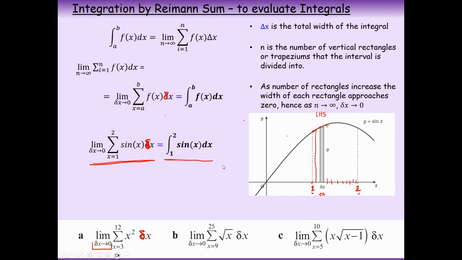So integrating sine will give us the value of negative cos, and we will evaluate negative cos at those two ends. We will have an area of 0.9. Now, as you see in the examples at the bottom of this page, you have to rewrite these questions in terms of integrals and evaluate them the best way you've found so far.